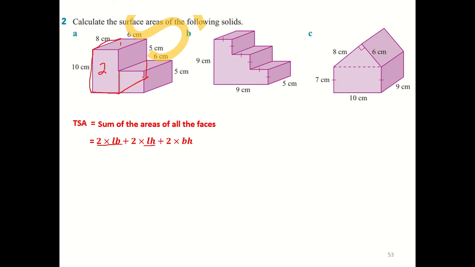Okay, length times height, and that will be the area of the bigger side, and I will just multiply that by 2 as well. Please note that this here is simply 8 times 6, which is length times breadth. So this is the area of the top part of that given rectangular prism. You will simply multiply that by 2.